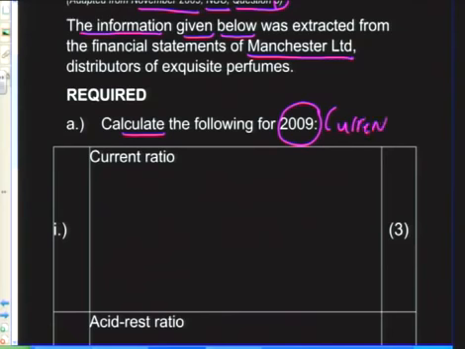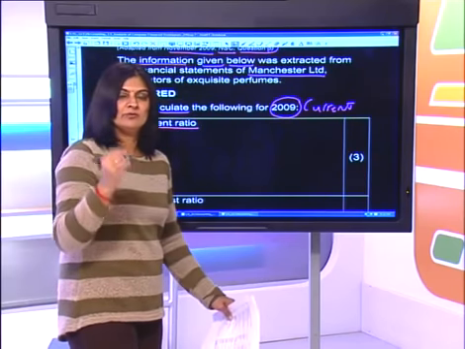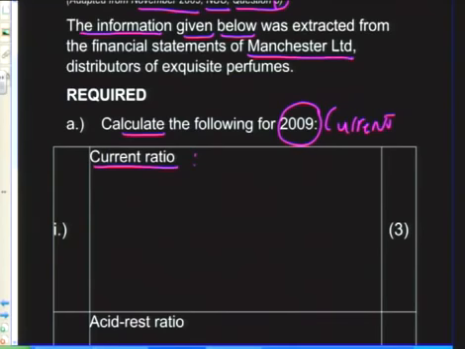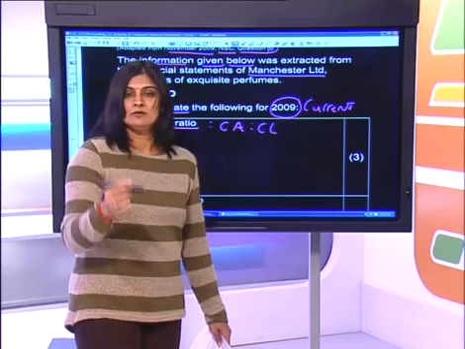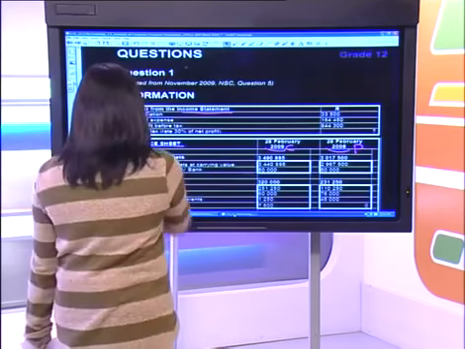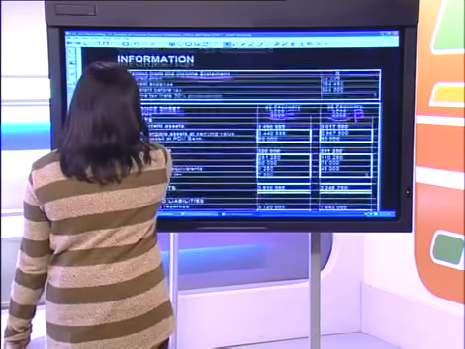Very important that you read the question, you could read the entire question. The first is your current ratio. Now, current ratio, guys, I know you remember this. You've been doing this from grade 10. Current ratio, I'm looking at current assets is to current liabilities. And where am I going to get this info from? Correct, from the balance sheet. So let's go to the balance sheet, and remember, we're looking for current.